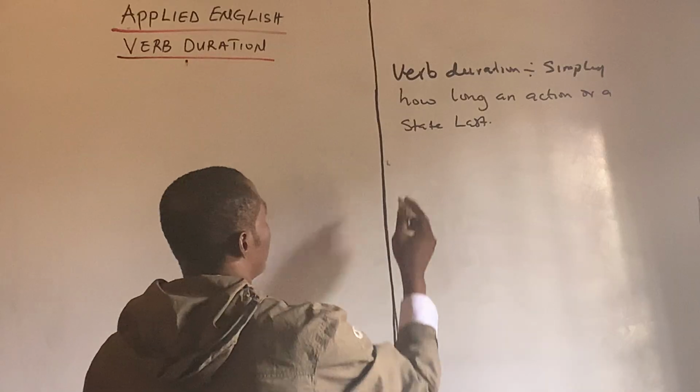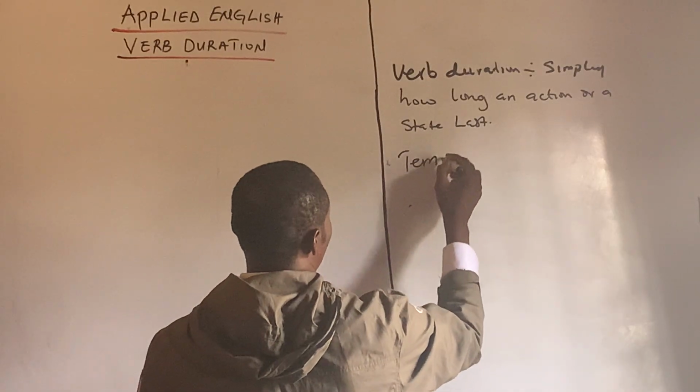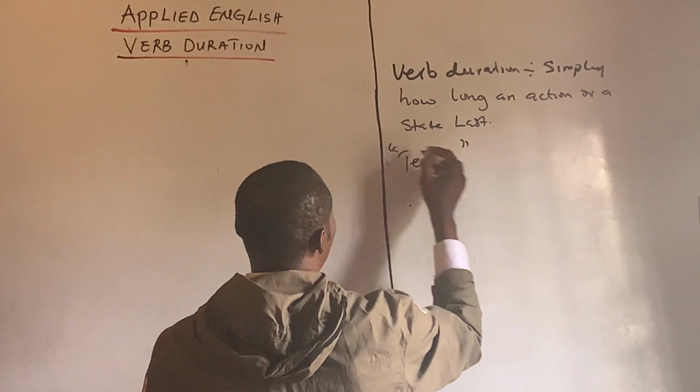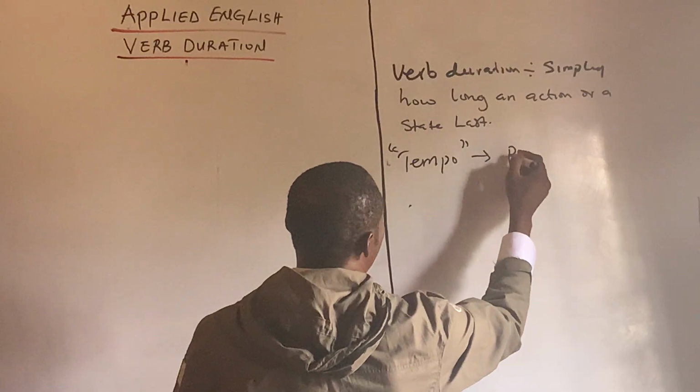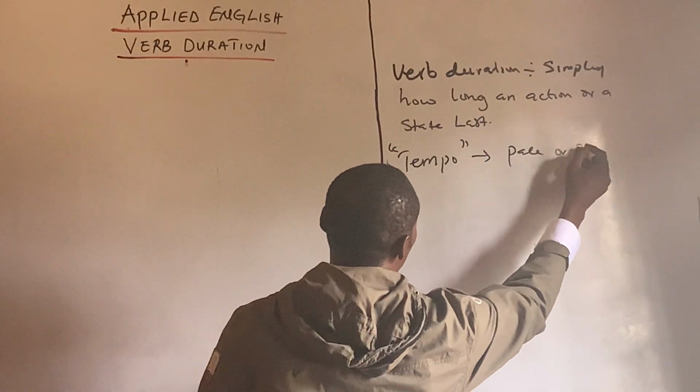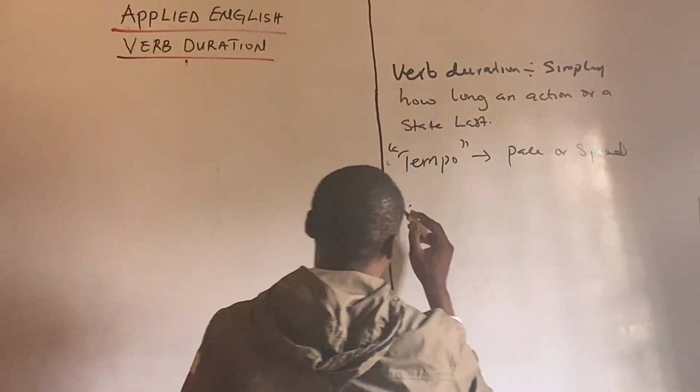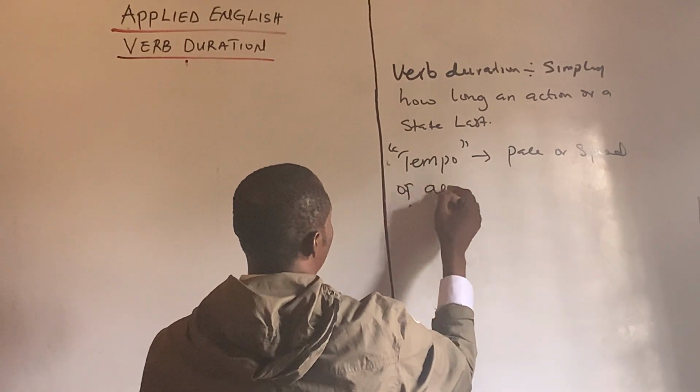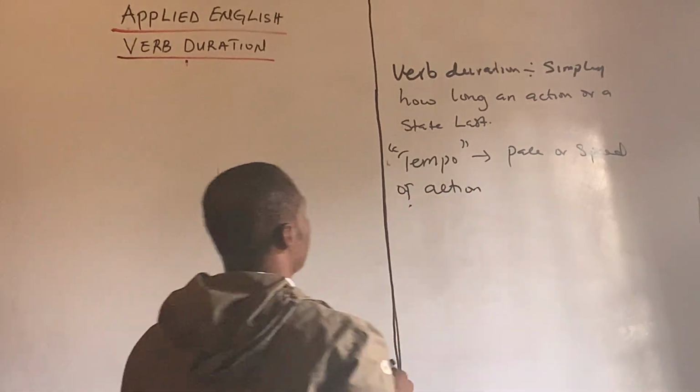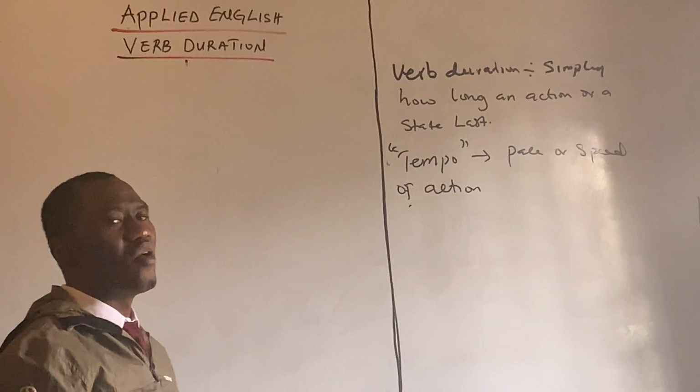verb. Now, based on the tempo of verb, the tempo of verb means the pace or the speed of action.